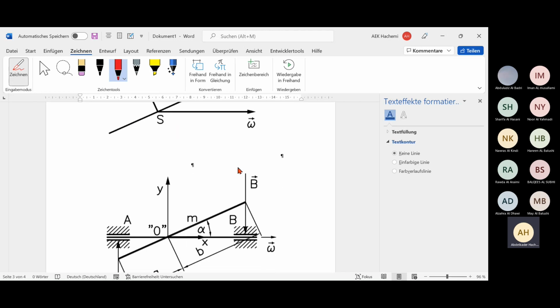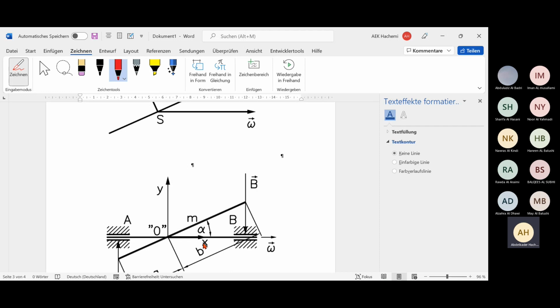This is x prime, along this axis, the direction of the rod. We don't use xy, okay? If we use xy, then in the inertia tensor all components where i is different from j will not be equal to 0, okay?